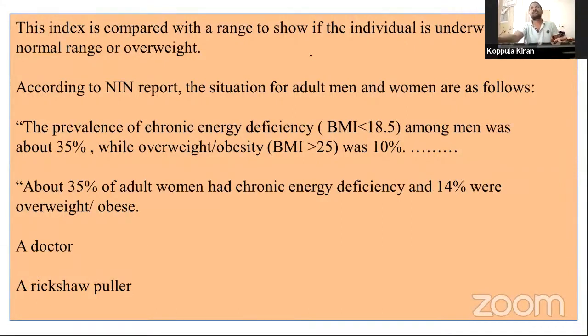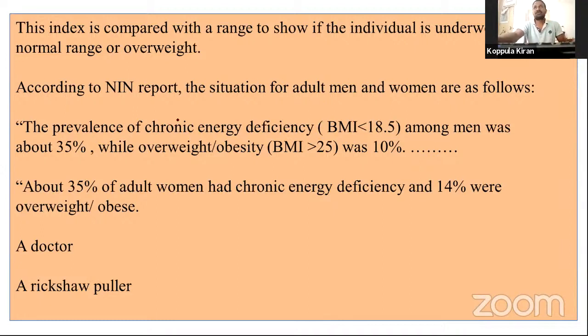Some children take more nutritional food, then automatically they are overweight. Another thing is, according to the NIN, National Institute of Nutrition report, the situation for adult men and women is as follows.